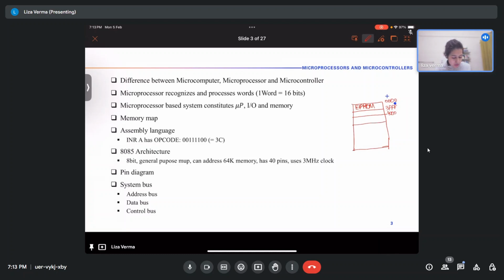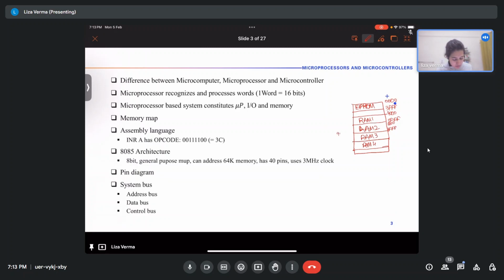Then we have RAM1, RAM2, RAM3, and RAM4. The last bit of that is also blank. RAM1 is from 400 to 5FFF. RAM2 is from 600 to 8FFF.